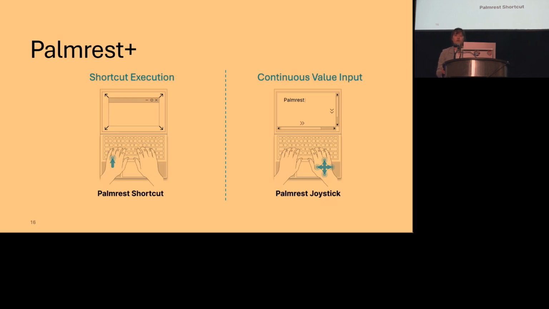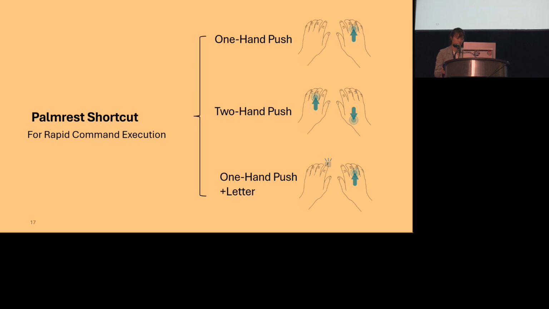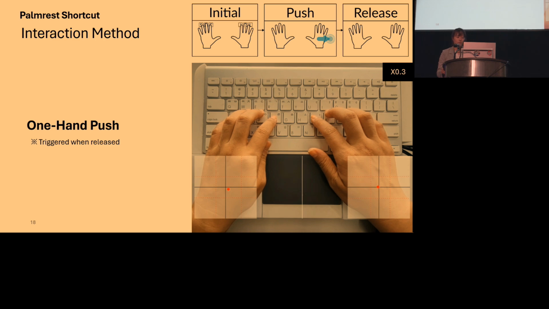Now we propose 2 interaction techniques of Palmrest Plus: Palmrest shortcut for rapid shortcut execution and Palmrest joystick for continuous value input. First, Palmrest shortcut is an interaction technique for rapid command execution, and it can be used by performing the push action with one hand, with two hands, or with a letter key press.